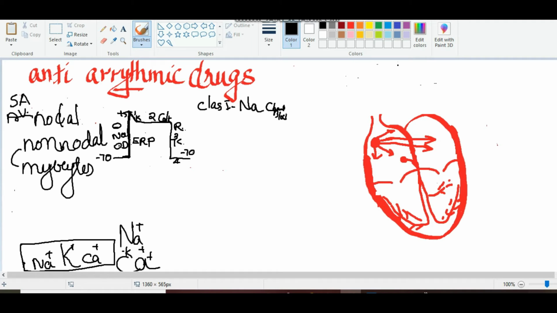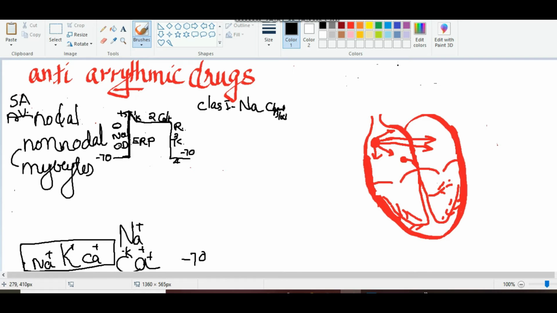The cell inside is highly negatively charged, about -70. When these ions get into the cell, it becomes more positive, and when they get out of the cell, it becomes negatively charged again.